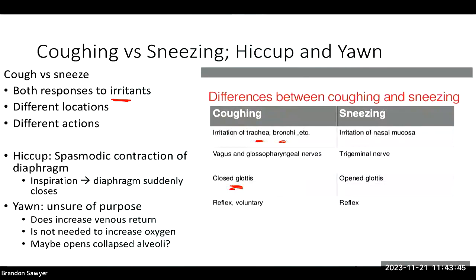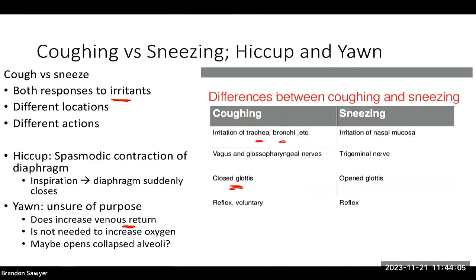The yawning, we don't really understand exactly why, but one thing we know it does is increase venous return when we yawn. And so it increases your end diastolic volume a little bit, which gives you a little bit more stroke volume. And so that might be something related to that, but it doesn't seem to really be needed to increase oxygen levels.